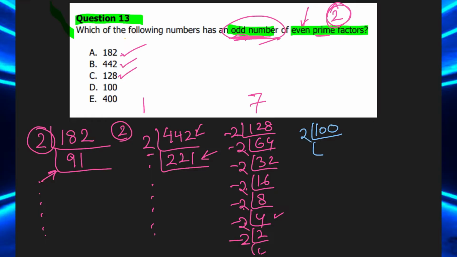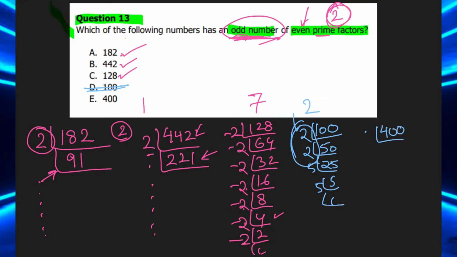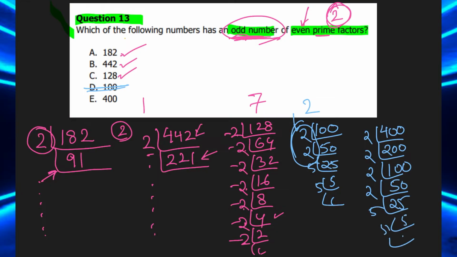Let's look at 100, 50, 25, 5, 5, 1. Now this number has 2 even prime factors, so this cannot be our answer. This does not work out because it has an even number of even prime factors. Now let's look at 400, 2, 200, 2, 100, and we actually got to the previous number, 25, and we don't need to solve any further, but let me just write it down.